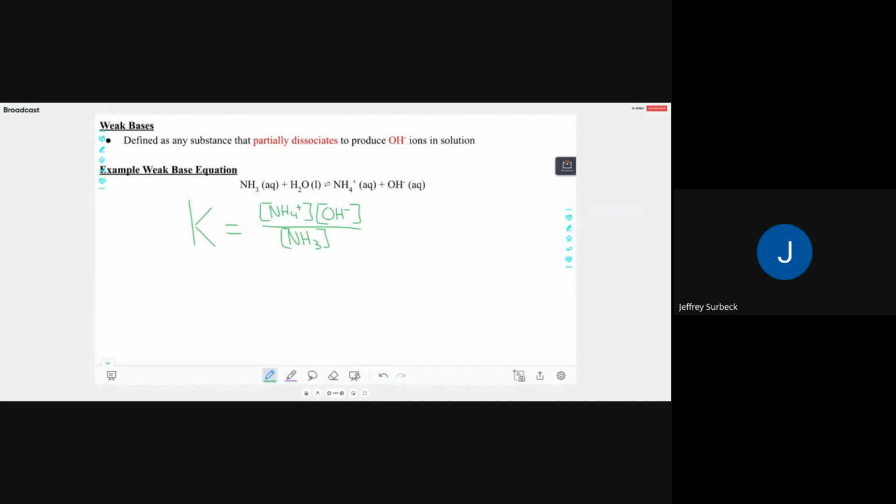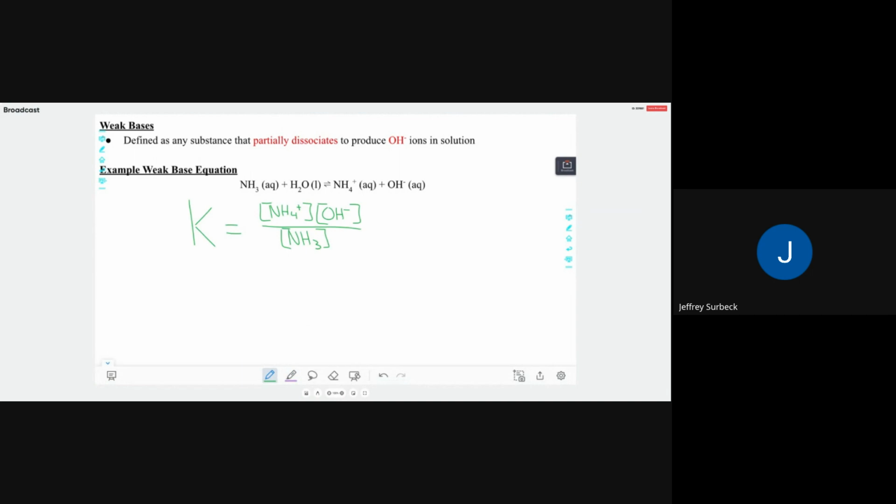This is exactly the opposite of what we saw in a weak acid problem. In this case, water, H2O, acts as the acid. One of the H's is donated to the base, the NH3, and we get this.